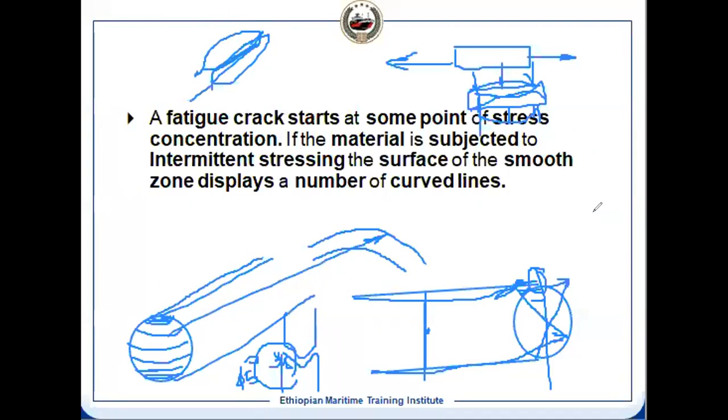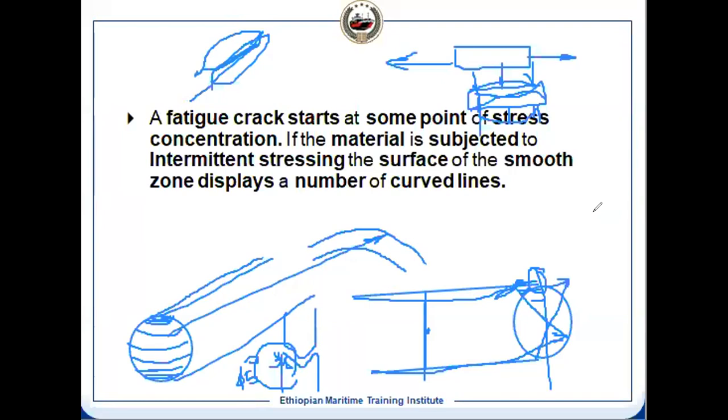The fatigue crack starts at some point, where the stress concentration is high. Suppose you have done heat treatment for relieving the stress, but some residual stress is there, then the crack will develop there.